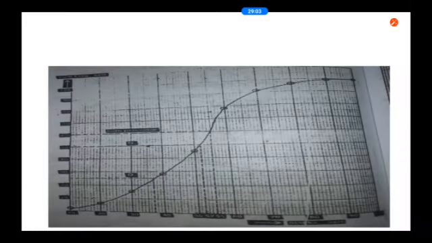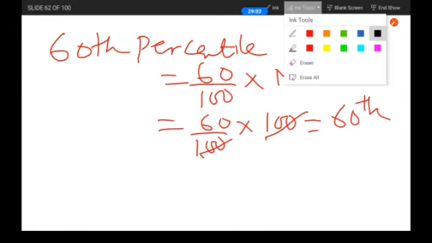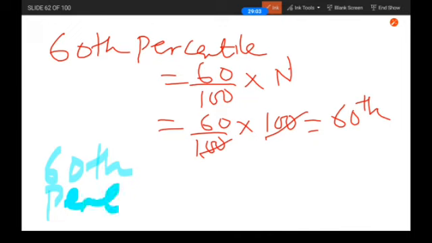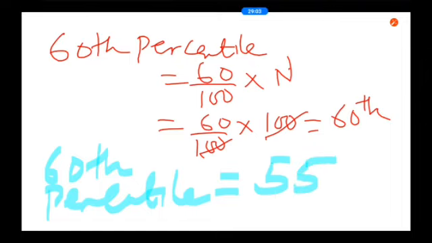So the 60th percentile, when traced well, will give us 55.